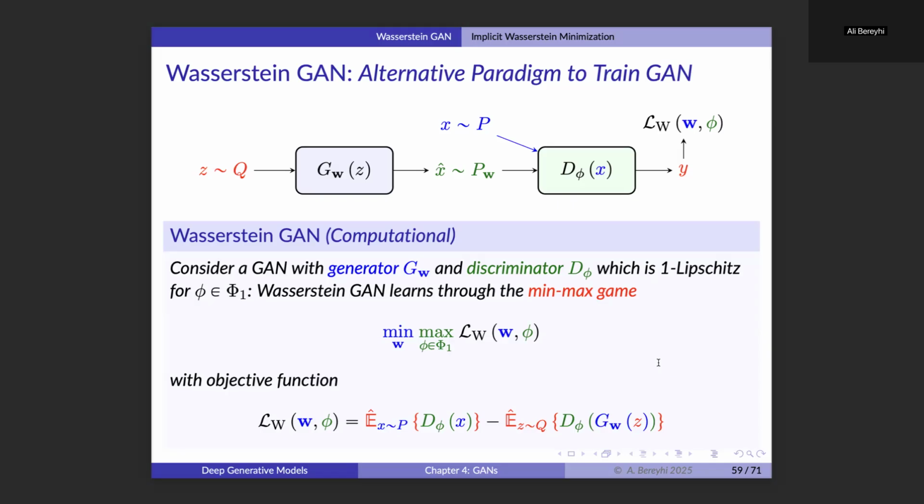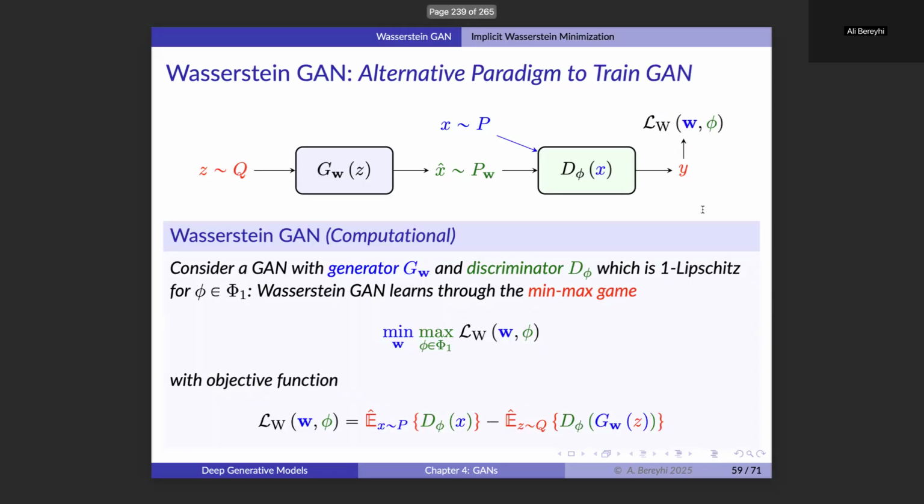So that's it. So again, as I said, we have latent, it passes through generator, we get something here, and out of that thing we can have some risk term. Now this risk term is proportional to the Wasserstein distance, and we can compute the gradient, right?